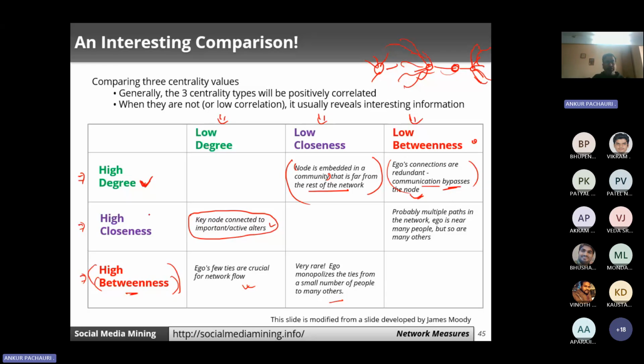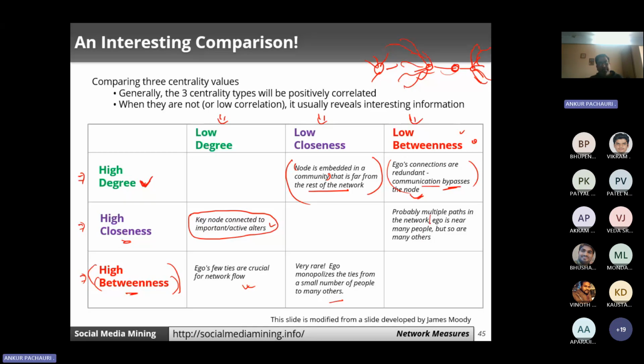Another perspective: high closeness and low betweenness. You are towards the center of a graph, but you are not participating in, or not part of, those decisions or those important flows. What can be the reason? There can be multiple paths in the network.